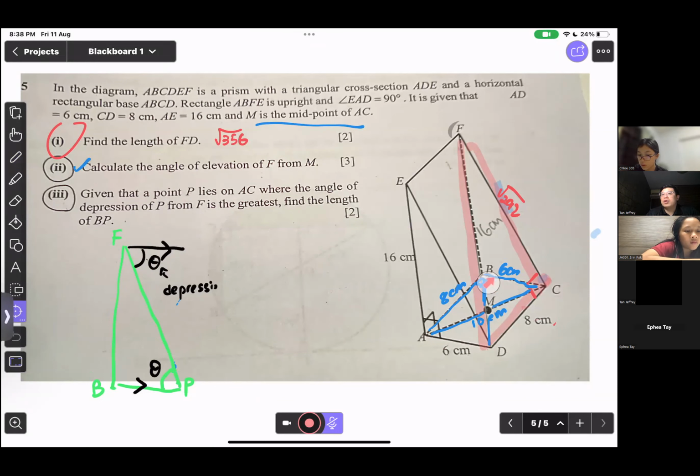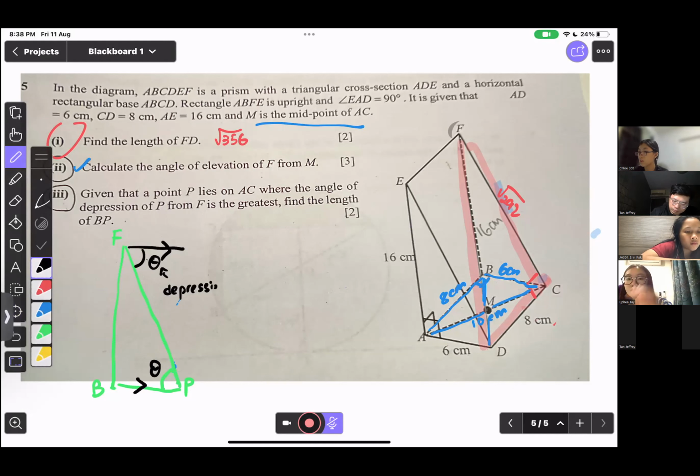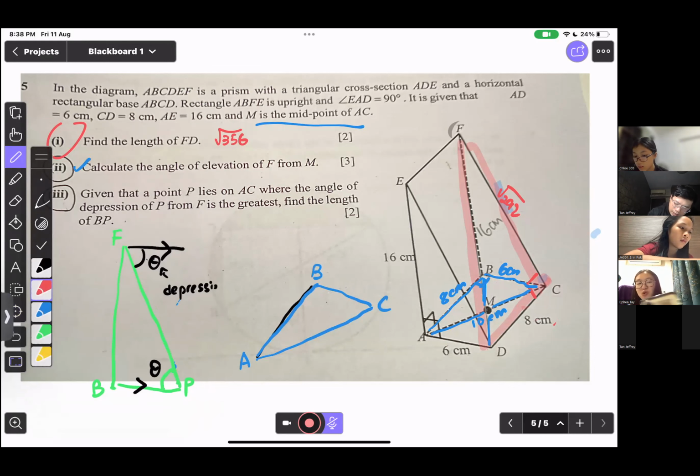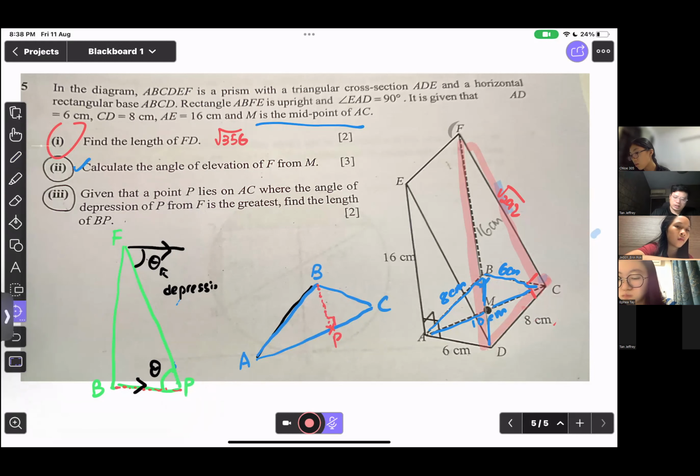Look at this ABC. Your P has to be somewhere here, such that this line is the shortest line, so it's actually the perpendicular line. Is that okay?